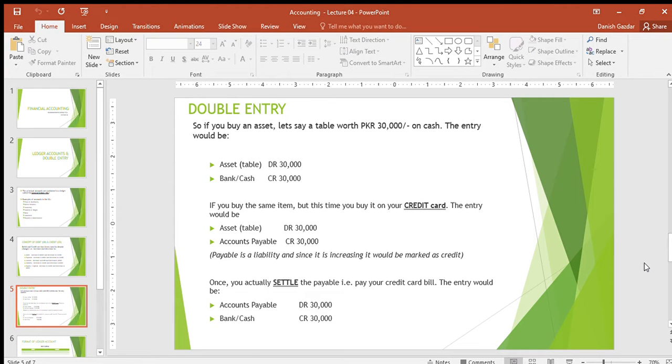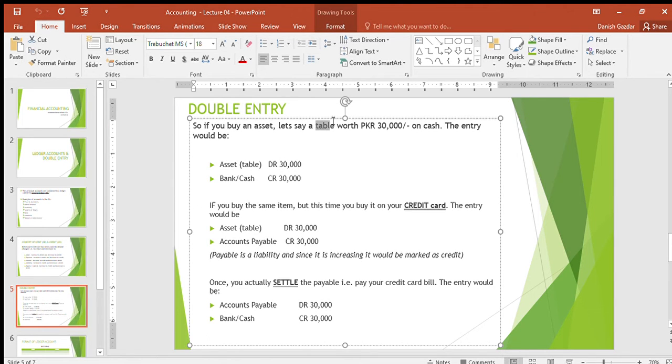So just to elaborate that concept, if you buy an asset, let's say a table worth 30,000 rupees on cash, the entry would be, so you can first think about it, what should be the entry. So you have bought a table. Table is an asset, and there is a cash outflow, so cash is also an asset.